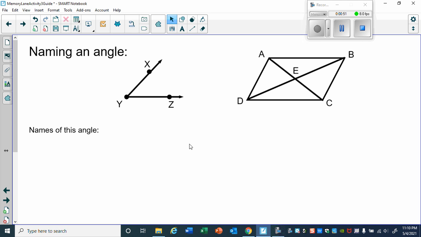So, naming an angle. An angle is basically two rays that have a common endpoint. So for instance, angle XYZ.